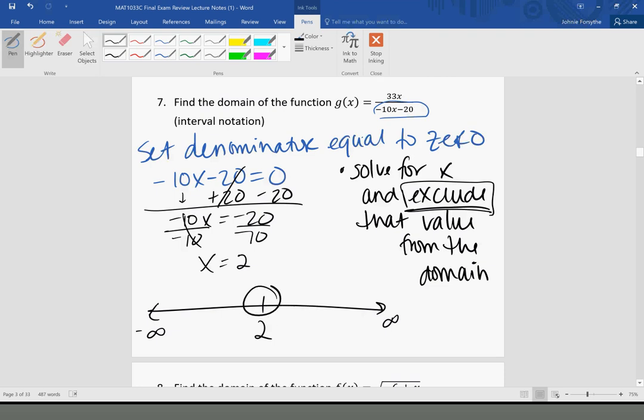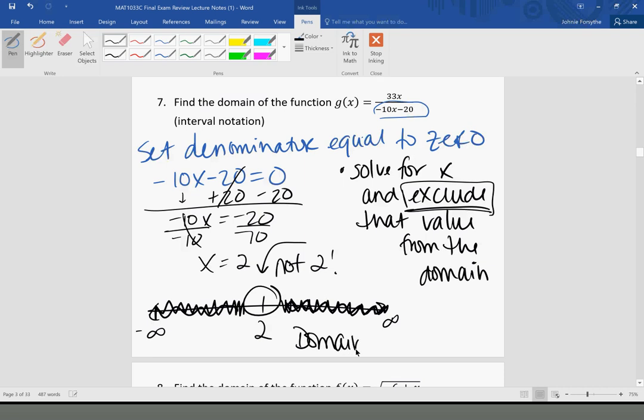So we do not want to include 2. So I'm going to use an open circle, but everything else I am including. So everything greater than 2, everything less than 2, but not 2. Okay? So this is what the domain will look like on a graph.